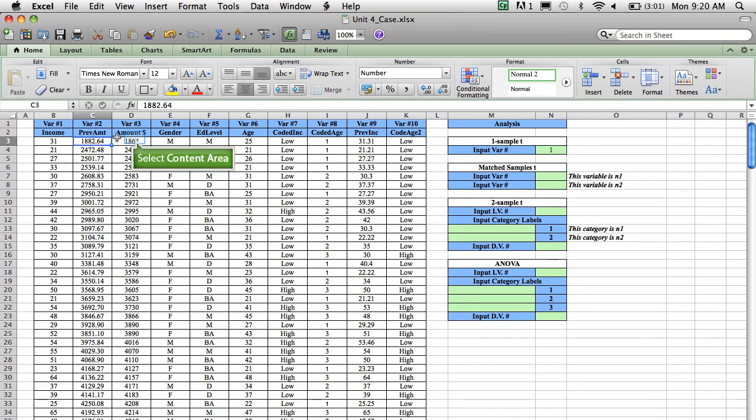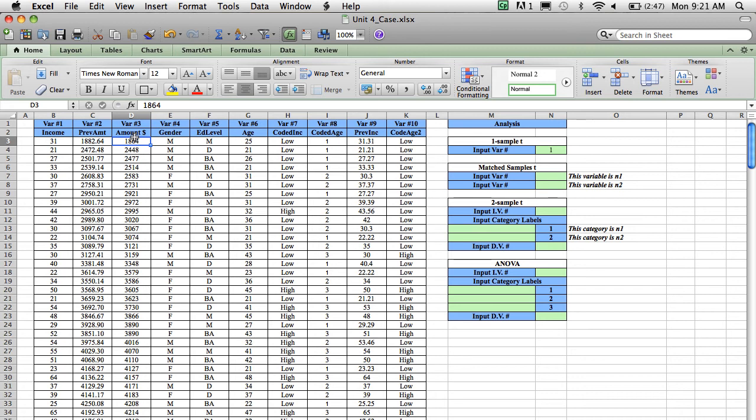These measures, previous amount and amount, are matched to the same credit card holder. So we could test whether or not there's been a significant difference or change, increase or decrease, in the amount charged from one year to the next for our cardholders.